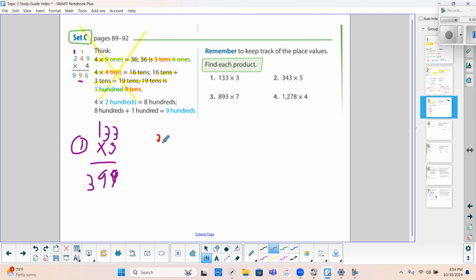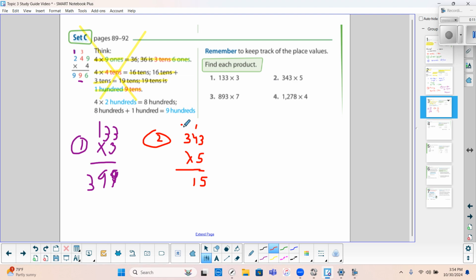For number 2, here I already see that I will have some place values to contend with. So 343 times 5. Okay. 5 times 3 is 15. So I bring the 5 down there, 1 up there. 5 times 4 is 20, plus 1 is 21.